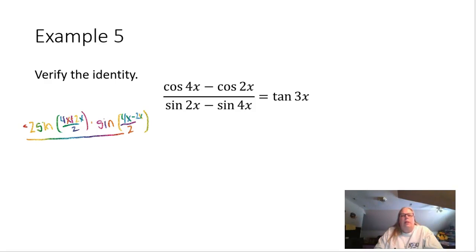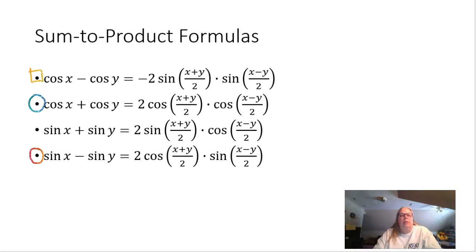Okay. And then let's take a look at this bottom one here, the sine of 2x minus the sine of 4x. We'll go back to our formulas. The sine minus the sine, that's this one down here on the bottom. We'll have 2 times the cosine of their sum times the sine of their difference.